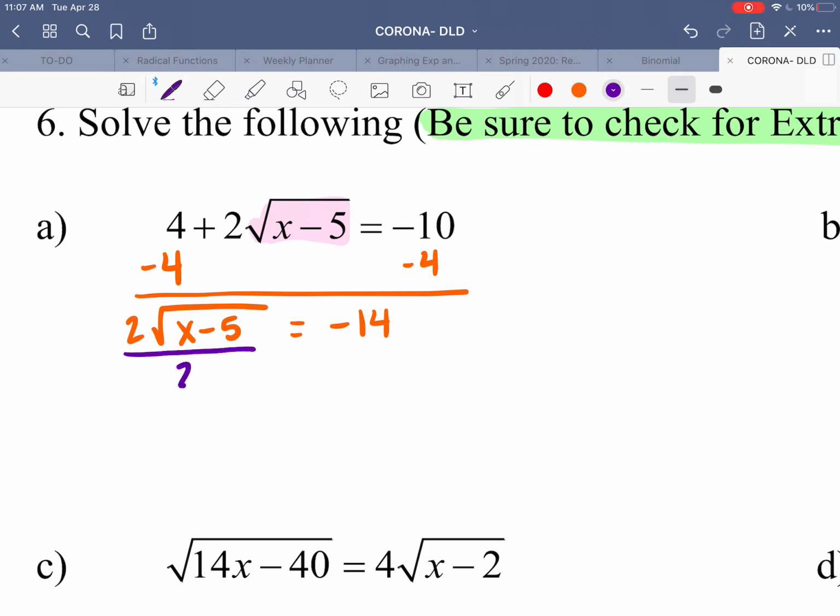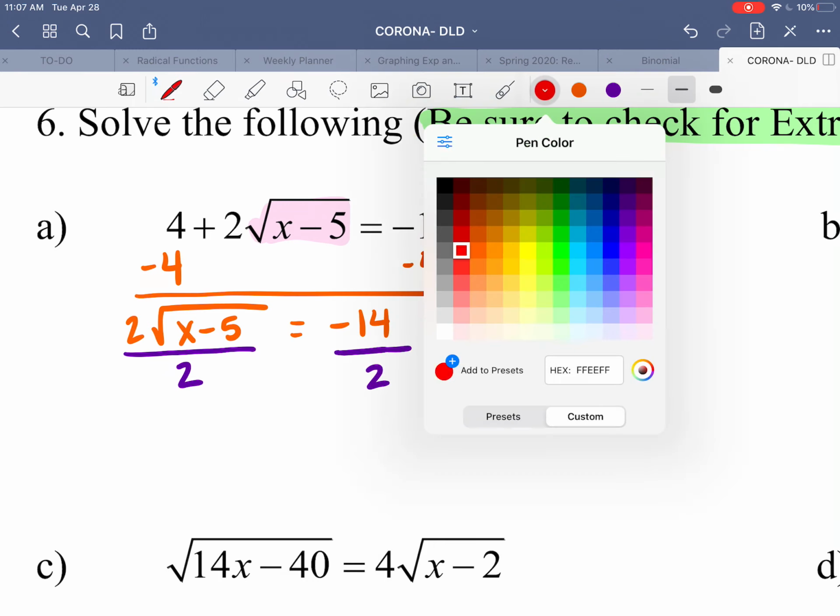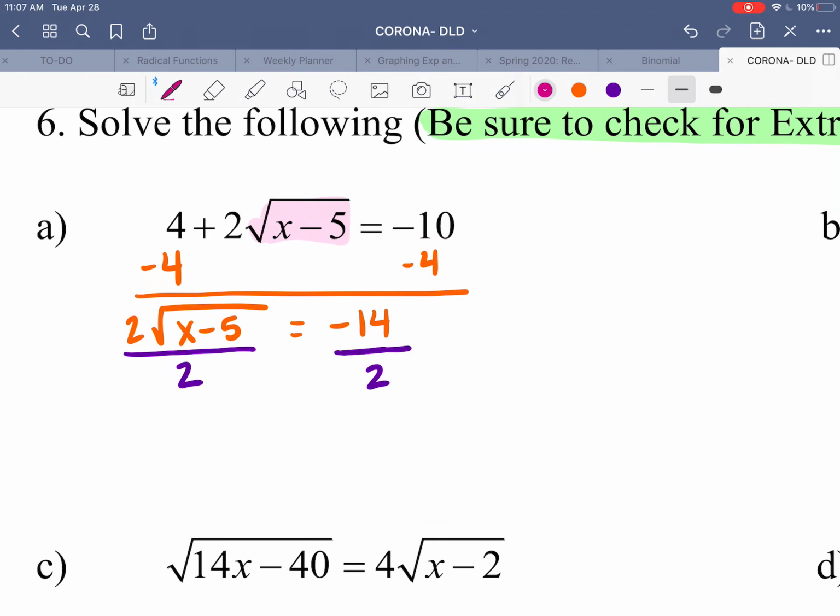My next step is to divide by 2 because that radical is still not isolated. If we divide by 2, we have the square root of x minus 5 equals negative 7. Now the radical is finally isolated, so we can square both sides, because what you do to one side, you have to do to the other.